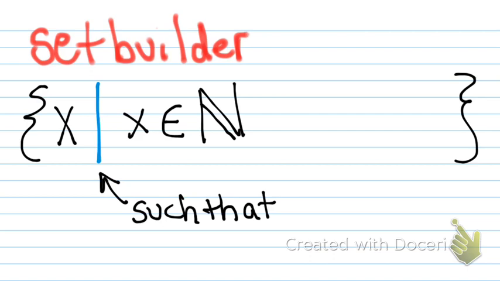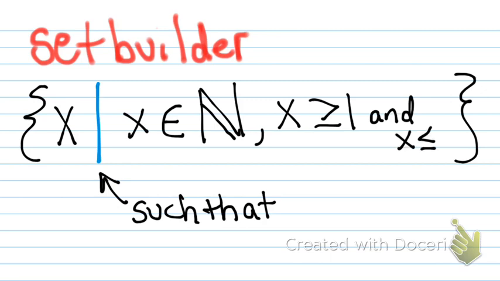And then we say, comma, that x would need to be greater than or equal to 1. And then we use the word and, because it's in between 1 and 10, and x is less than or equal to 10.